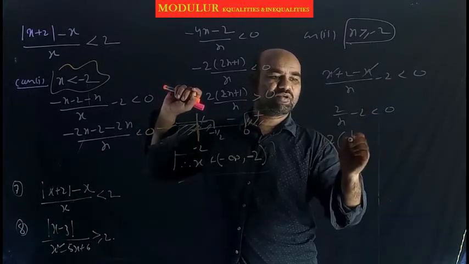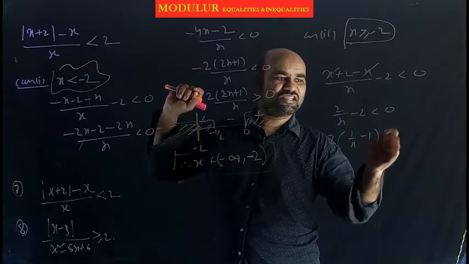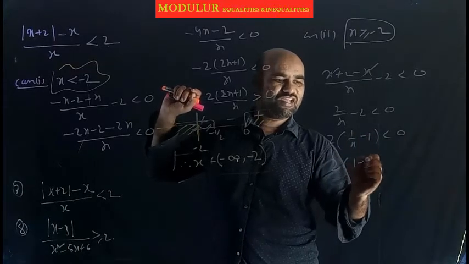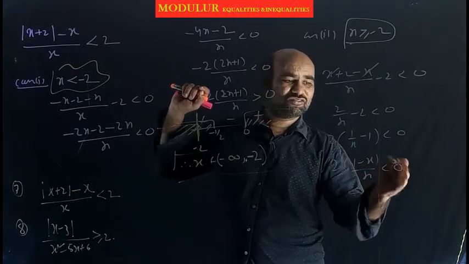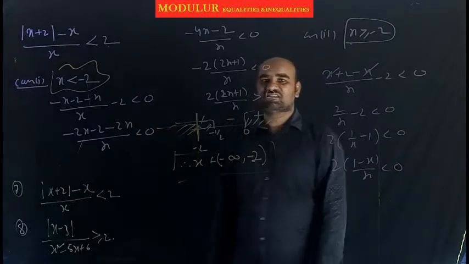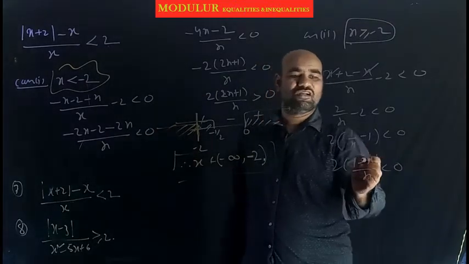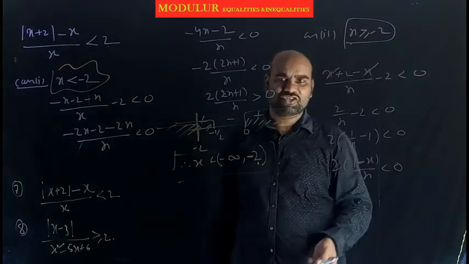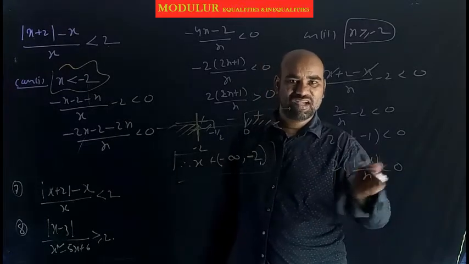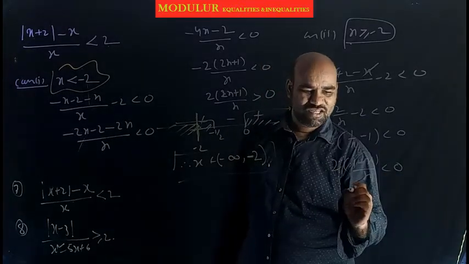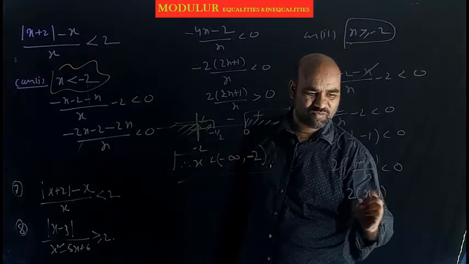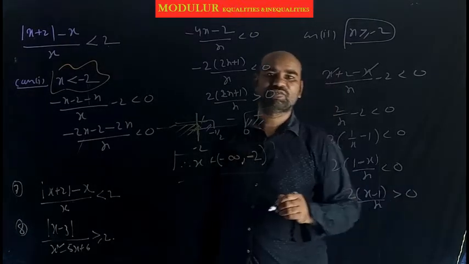I can take 2 common. 1 by x minus 1 less than 0. Or 1 minus x by x less than 0. To use the wavy curve method or sign scheme, you don't want a negative x coefficient. That's why I multiply by minus on the other side for the numerator. Directly 2 times of x minus 1 by x becomes greater than 0.